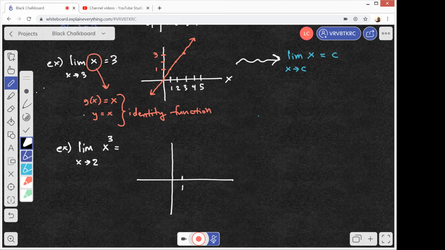when x is 1, and you're plugging that into this function, 1 cubed is also 1. So when x is 1, you get 1. When x is 2, 2 to the third power, 2 times 2 is 4 times 2 is 8.